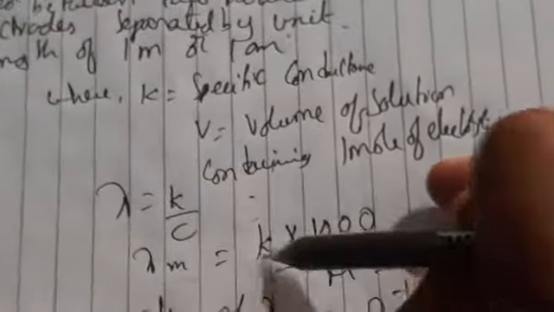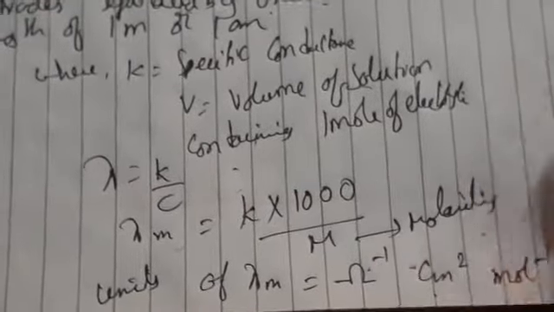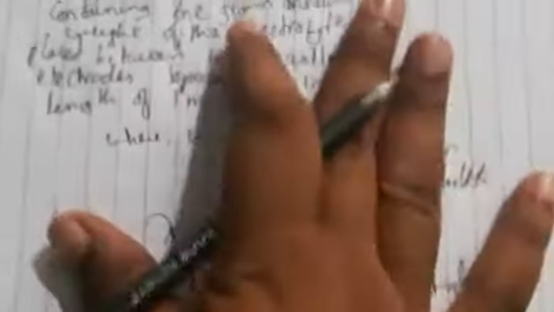So when we write K, you get ohm inverse. So ohm inverse, centimeter square and mole inverse are the units of the molar conductance.